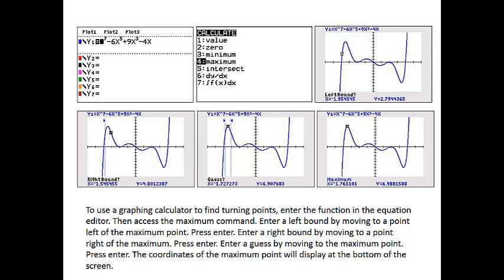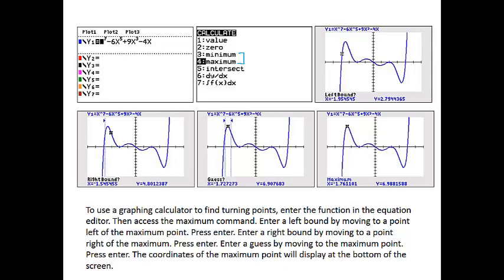You'll enter the polynomial function into the equation editor, and then there is a calculate menu that you want to access. And depending on whether you're going to find the maximum or minimum, you're going to choose one of these 2 options, either number 3 or number 4. And that will then take you to the graph of that function.